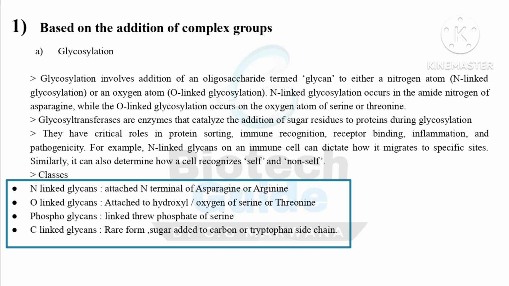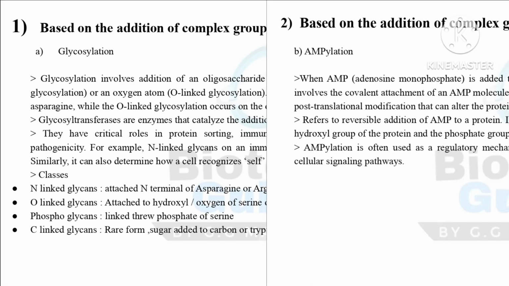O-linked glycan examples are serine and threonine. When phospho and oligosaccharides are combined, that is defined as a phosphoglycan, linked through the phosphate of a serine. And the rare form of sugar added to a carbon of a tryptophan side chain is defined as a C-linked glycan. So this is glycosylation.